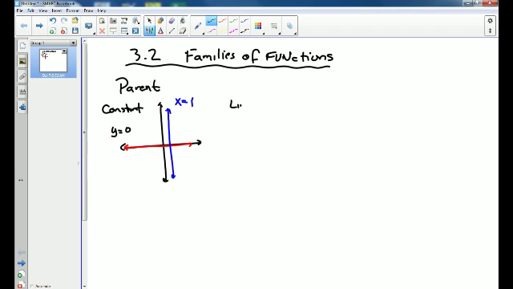Okay. Linear. The linear parent graph is y equals x. The slope is what? 1, because there's a 1 here. And what's the y-intercept? 0.